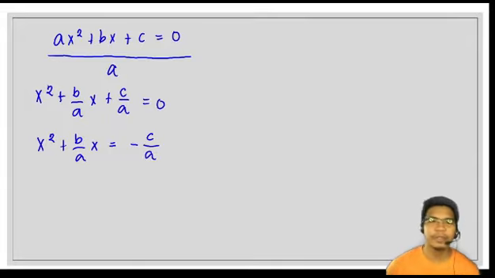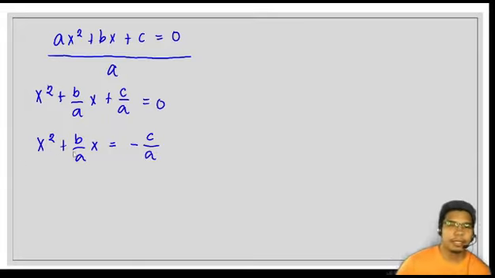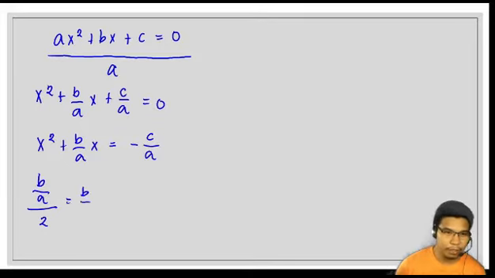Okay, after that, we're going to complete the perfect square trinomial dito sa ating left side. So, to do that, we have to get b over a. Ayan. And then, divide it by 2. So, magiging b over a times the reciprocal of 2, which is 1/2. So, simplify lang natin. B times 1 is b over 2a.